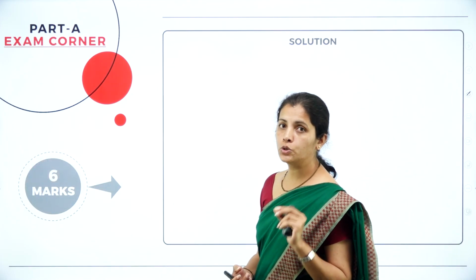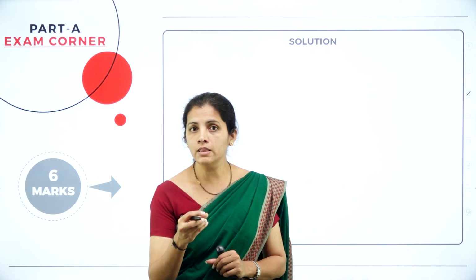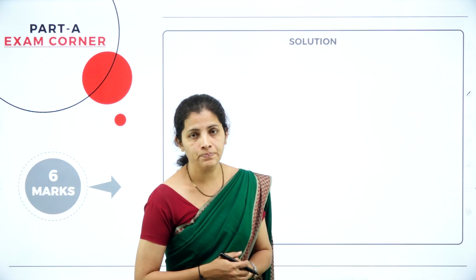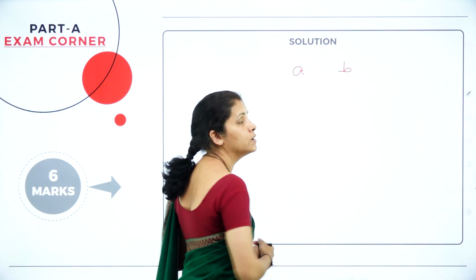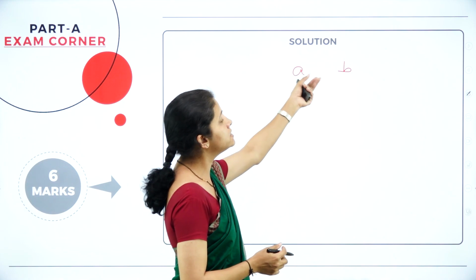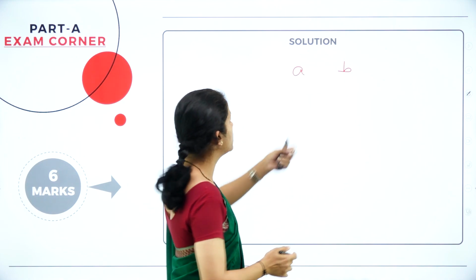It's mainly used to represent the relationship between the operands. See here, I have A and B. Now I want to represent the relationship. In the sense what?